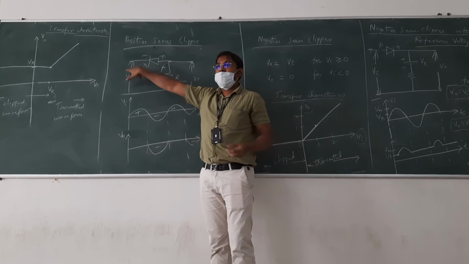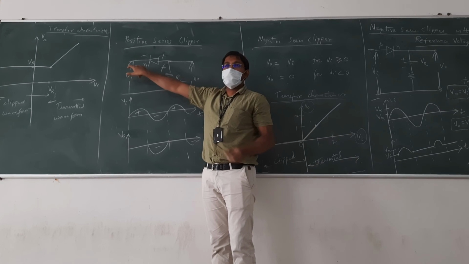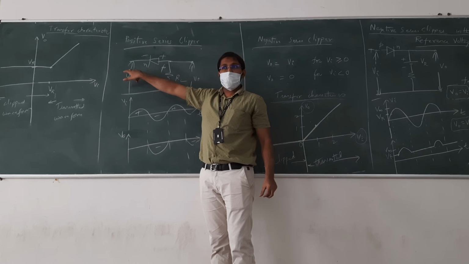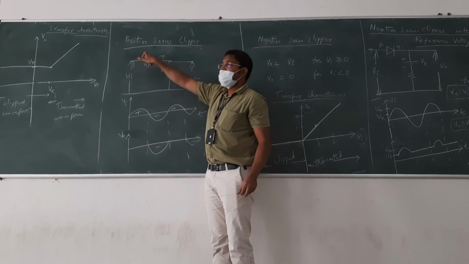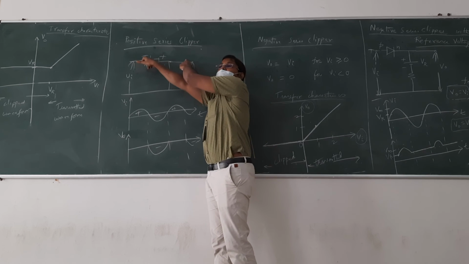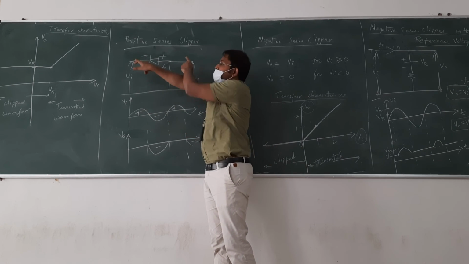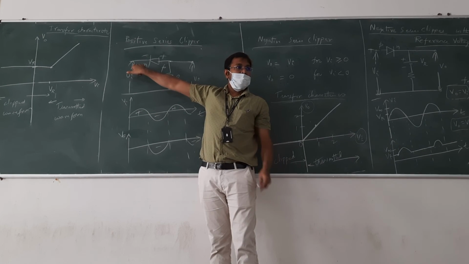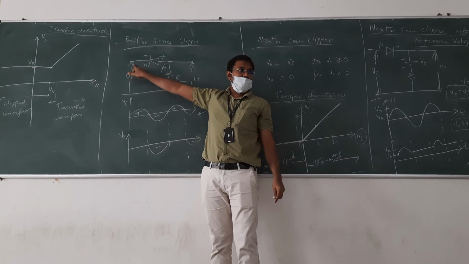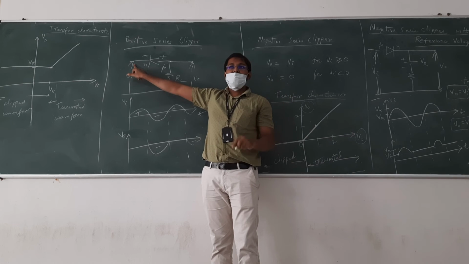During the negative half cycle, the voltage here is becoming negative. Negative on the N side, the diode will be forward biased. This side no voltage, but this side negative voltage. So the net voltage will be such that the diode will be forward biased during the negative half cycle.